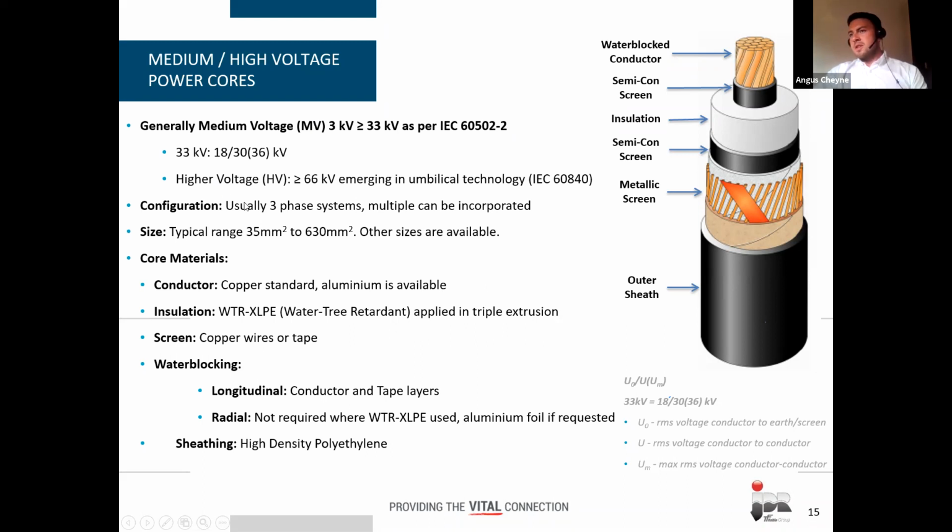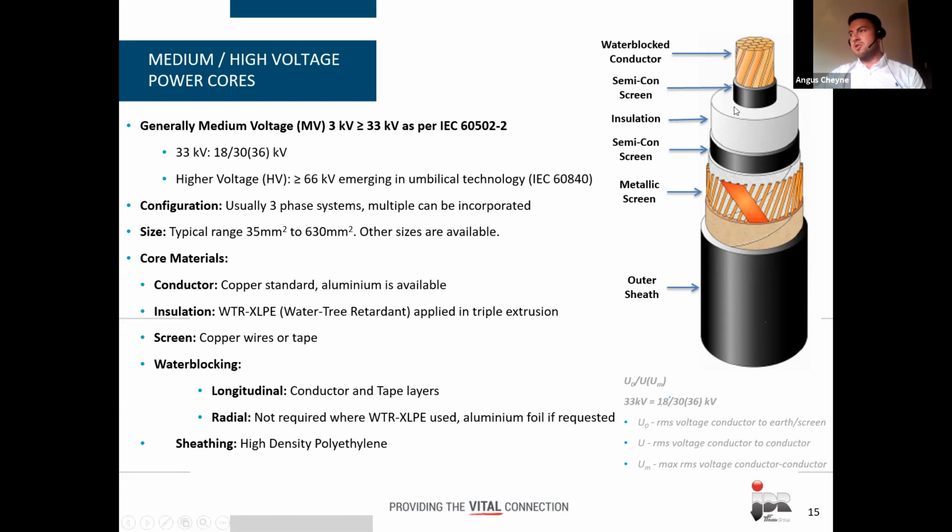Usually it's a 3-phase system where you'll have 3 cores, although there can be examples where there's more than that. But if we consider a 3-phase system, you would have 3 cores like on the right here. You'd have a water block conductor, then you have a triple extrusion layer. So this is where the additional complexity of the design comes in comparison to the low voltage cable.